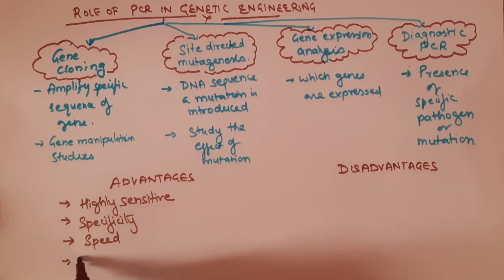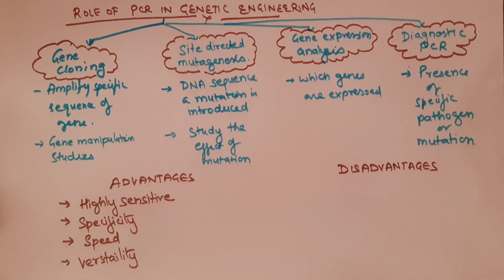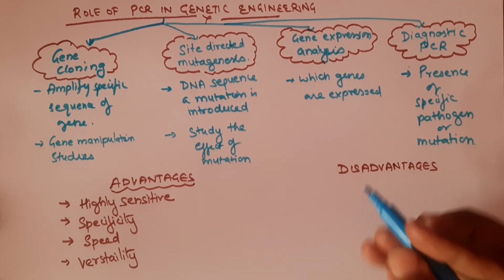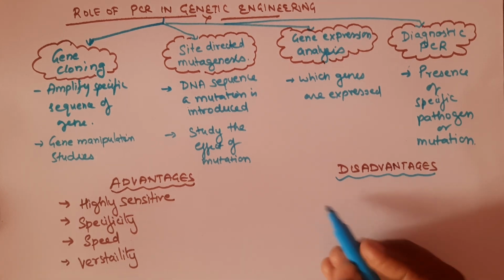And versatility means it is used for different kinds of applications that we have discussed above. So these are a few advantages associated with PCR. Now let's talk about the limitations, or the disadvantages.